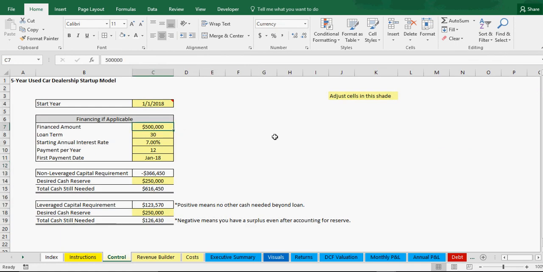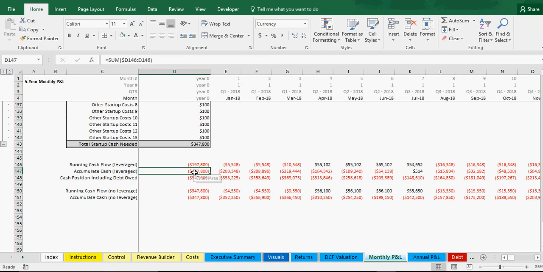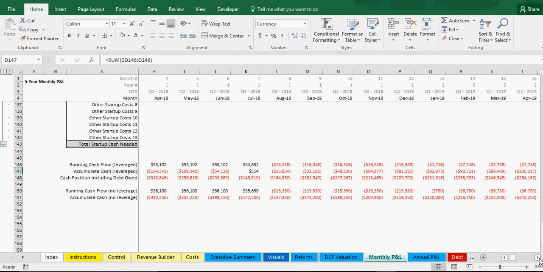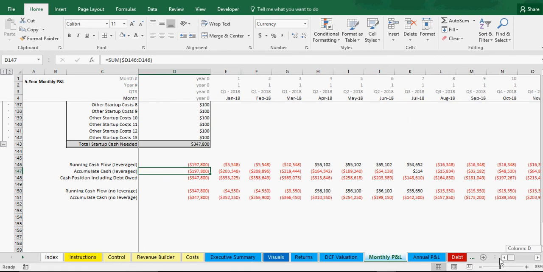If we put this down to say 150,000 for debt and look at it, well, now they're all negative because we still need to come up with this much cash, even if we do get some financing. And all this is dynamic based on all your assumptions.